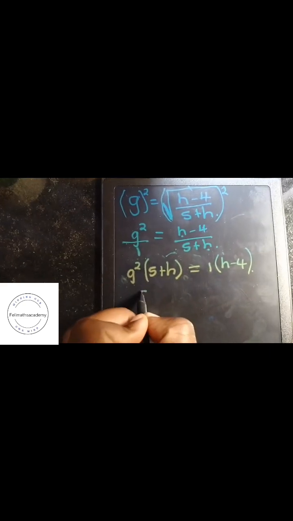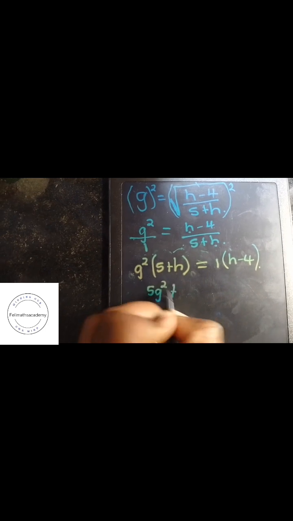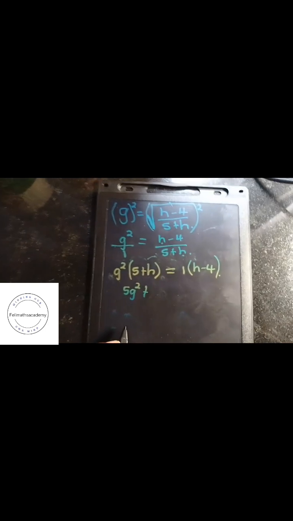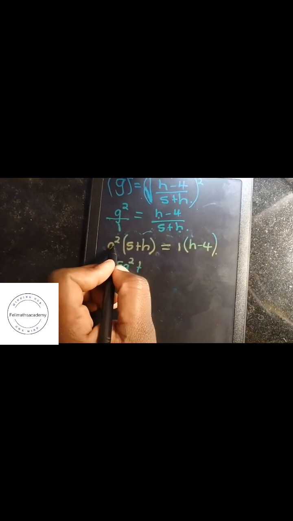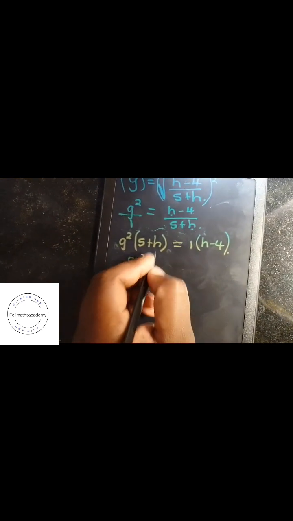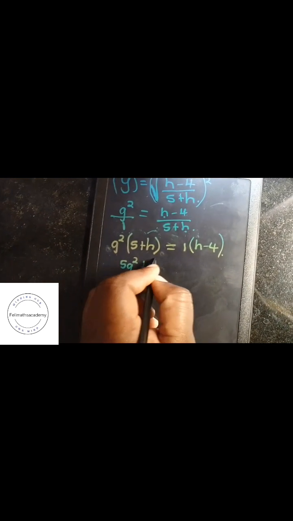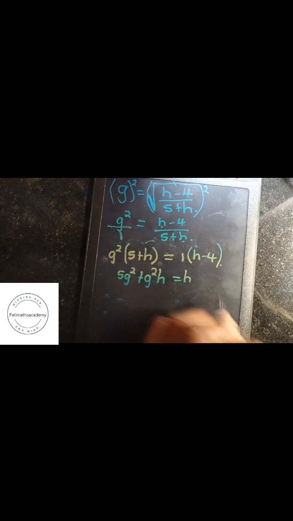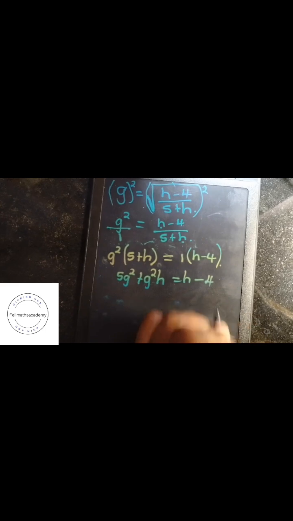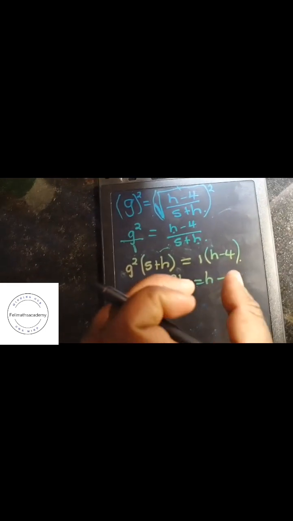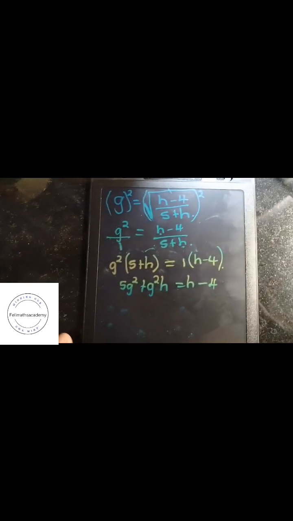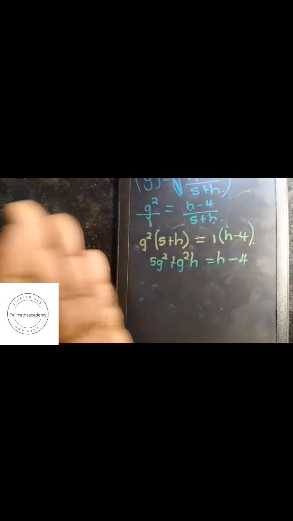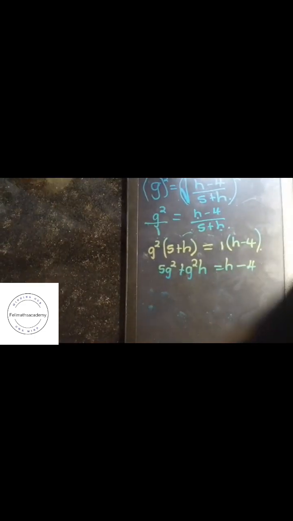So we have 5g squared plus this g squared multiplied by h, it's plus g squared h. H is equal to 1 by h is h, 1 by negative 4 is negative 4. So we want to collect terms in h on one side and all the other terms on the other side.